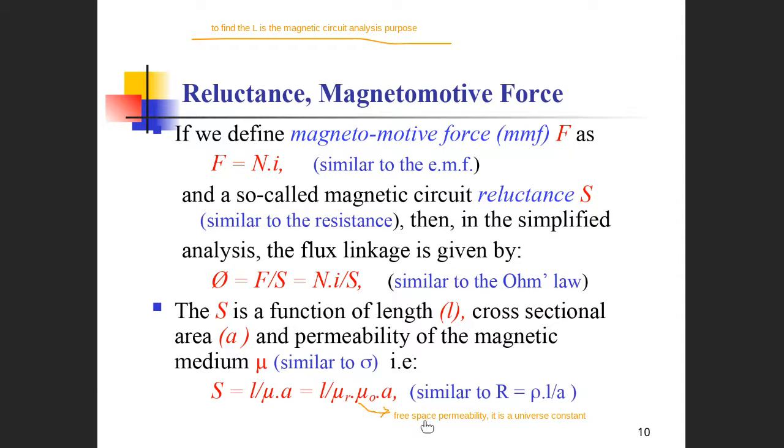Mu0 is the free space permeability, a universe constant. Any material can be described using relative permeability. Mu r here is the relative permeability. Mu r times mu zero is the permeability of a given material.